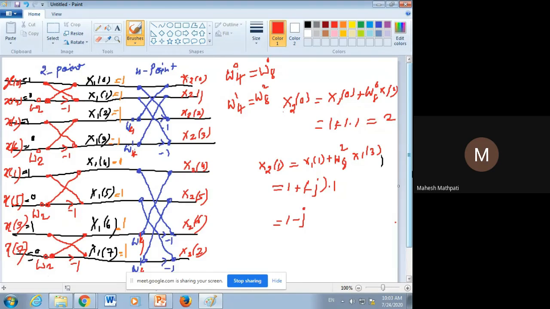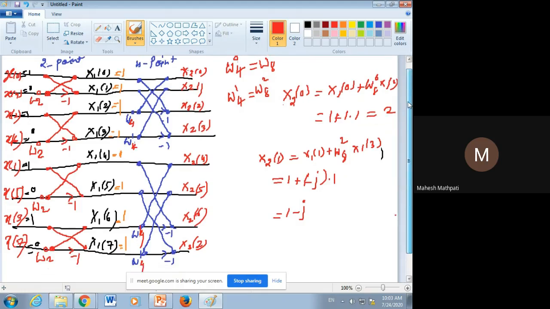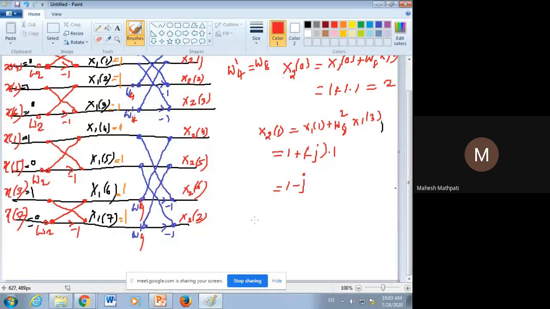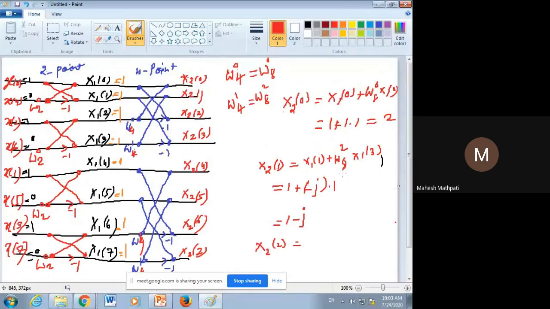Then next let us calculate the value of x2 of 2. You just calculate by yourself. Let's see. x2 of 2 is equals to, क्या लिखेंगे आप लोग? कोई बताएंगे मुझे यहाँ पे?